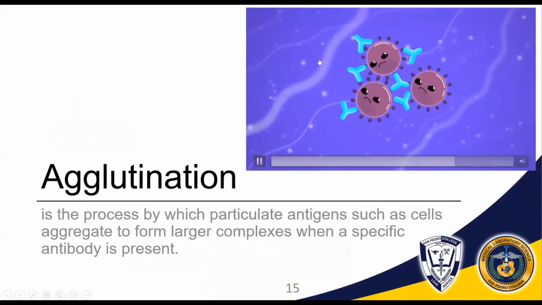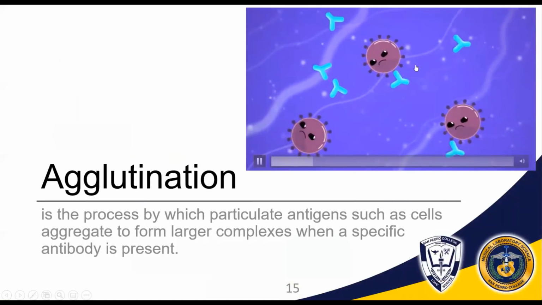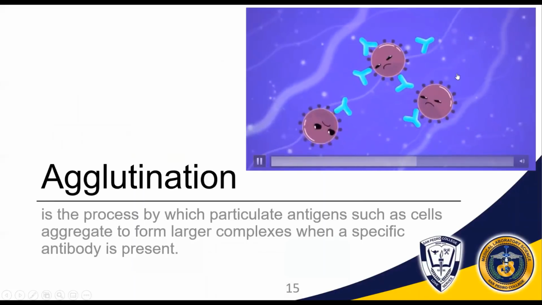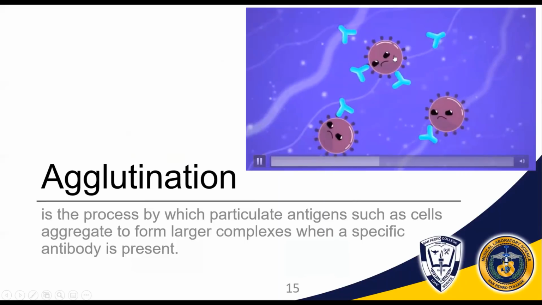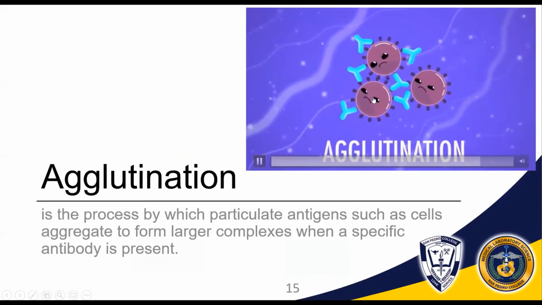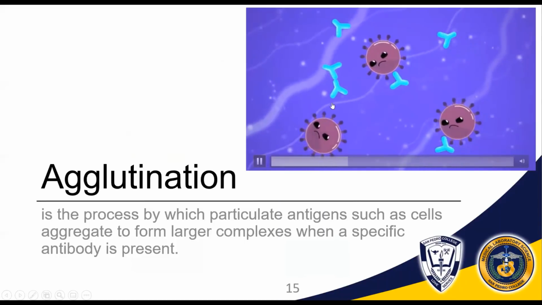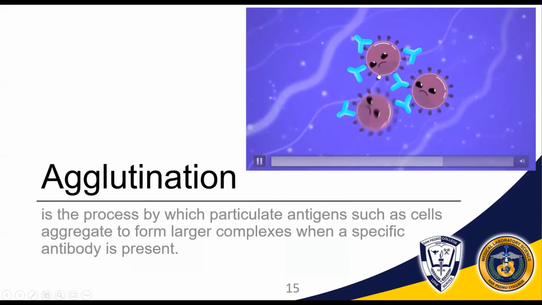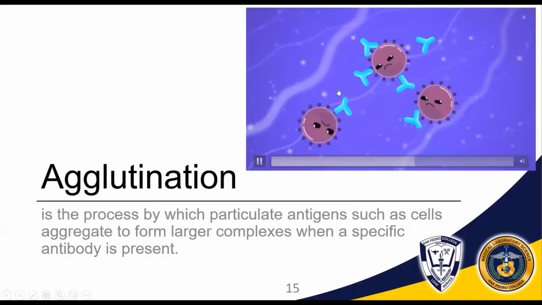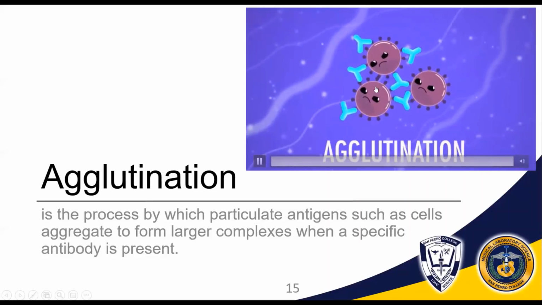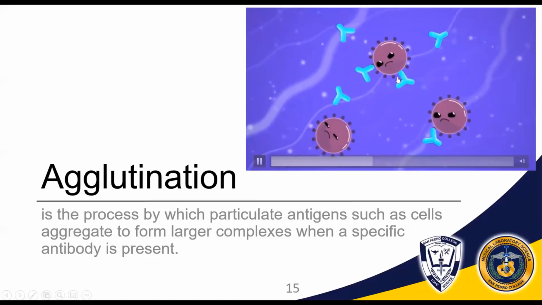Now, this GIF here actually demonstrates the principle of agglutination. Agglutination occurs when you have antigen, the circles here, and your antibodies, itong Y, no? The antigen in the presence of the corresponding antibody will bind and will cause cross-linking.